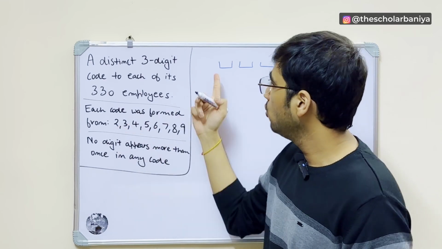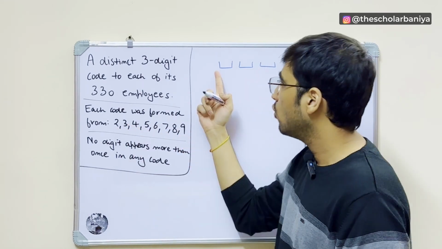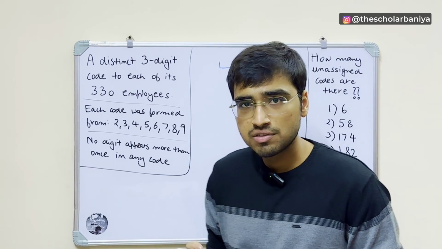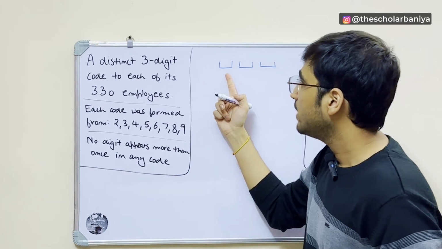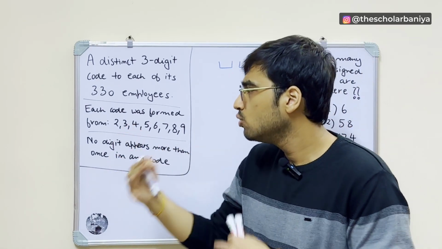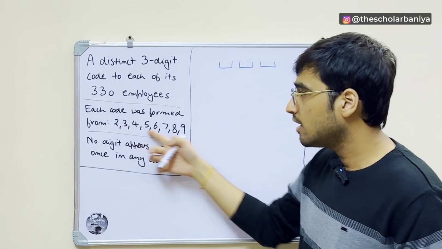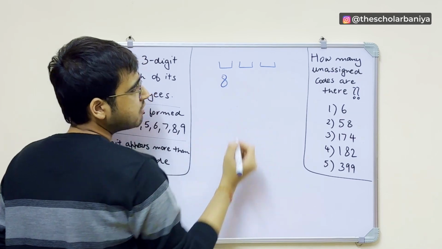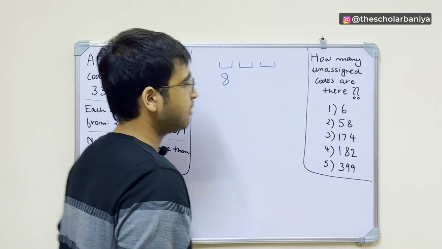We can write 2, 3, 4, or any of these digits. So we have 1, 2, 3, 4, 5, 6, 7, 8: 8 possible options.